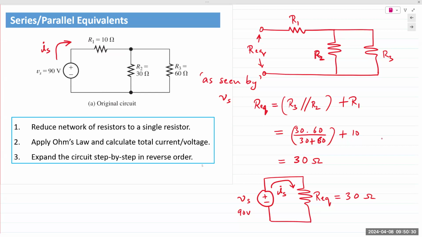When it goes up, it doesn't have any other pathway to take except to go right through R1, right? It goes through R1. When it hits the junction, it splits. I can call it I2 and I3. So I1 is the current that goes through R1, I2 through R2, and I3 to R3.